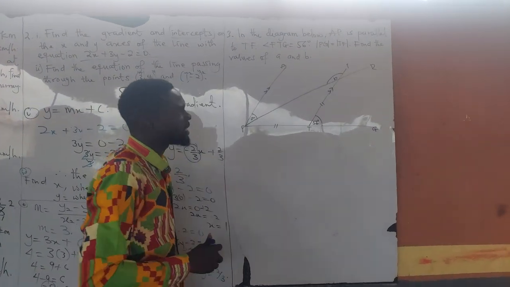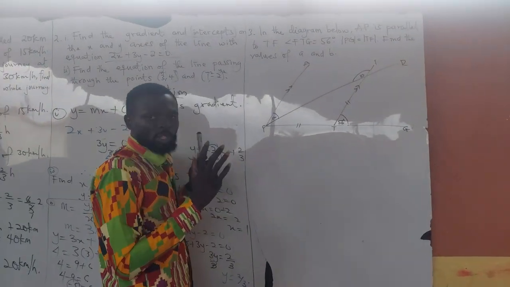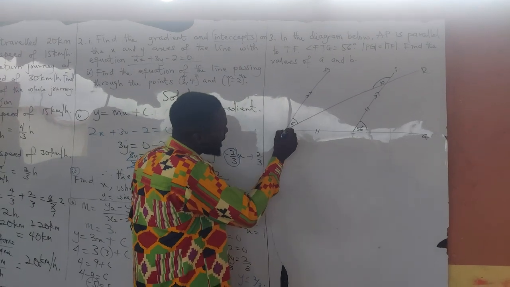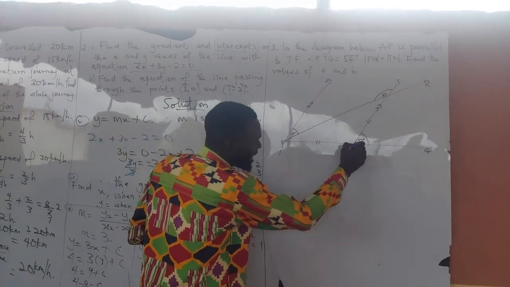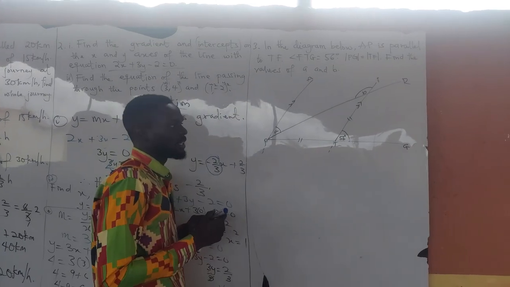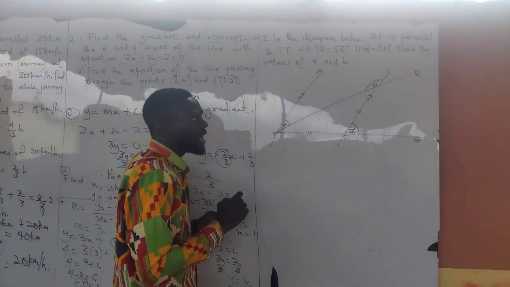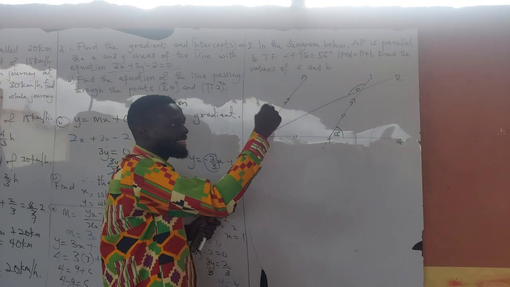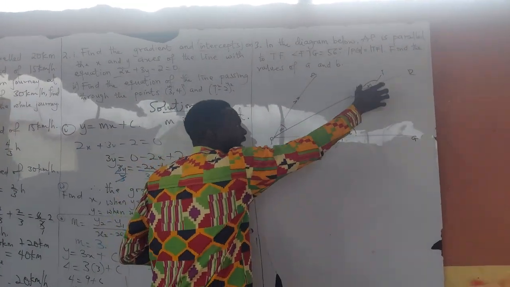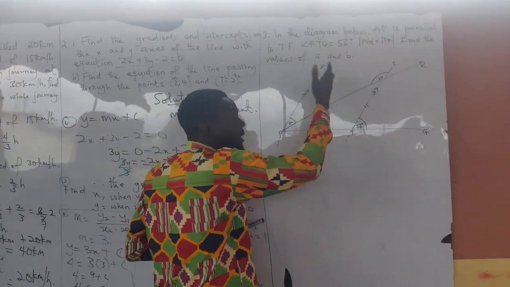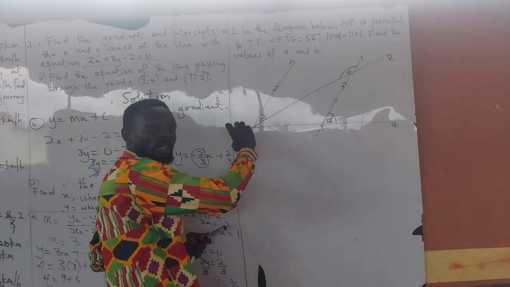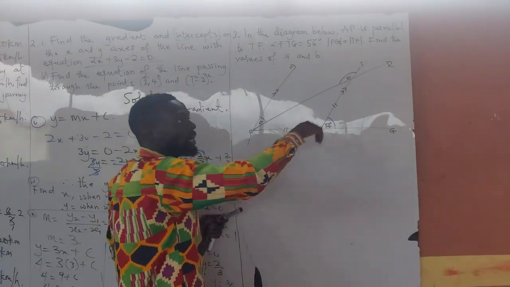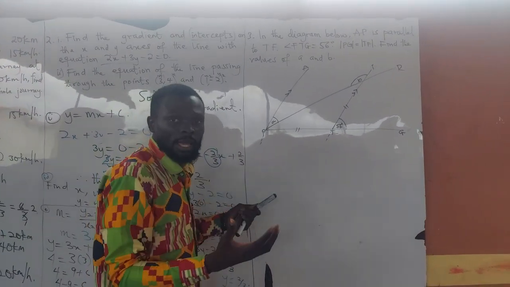So now let's look at it carefully. For me not to be confused, I'll just extend this line, and I'll also extend this line. Now once we extend it, because this is a parallel line, we have corresponding angle, we have alternate angle, and also angles being the same.